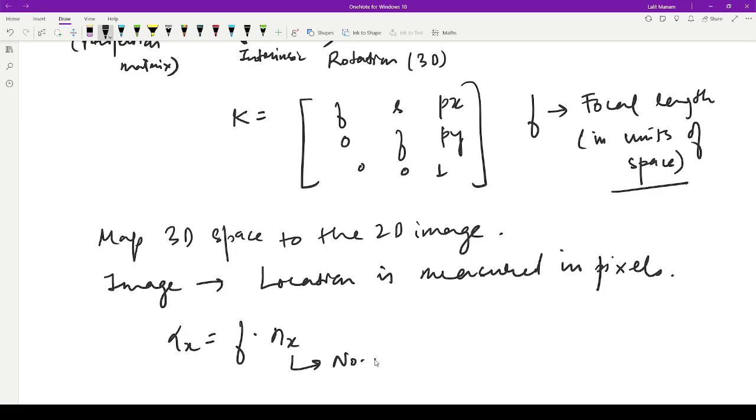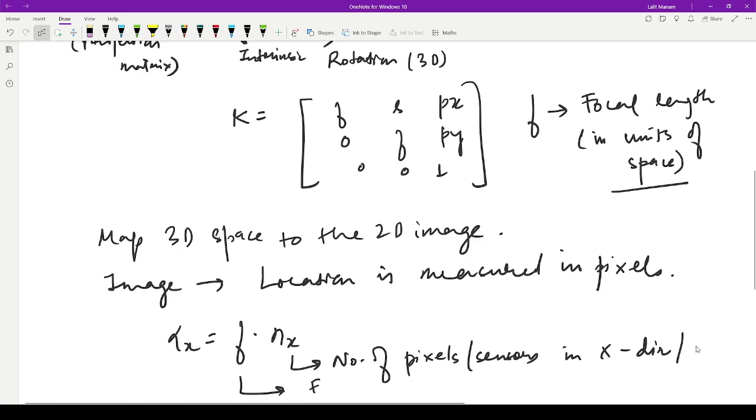This is the number of sensors or number of pixels. Both are the same in this case. F is the focal length in unit length, and the number of pixels or sensors is per unit length in the x direction.